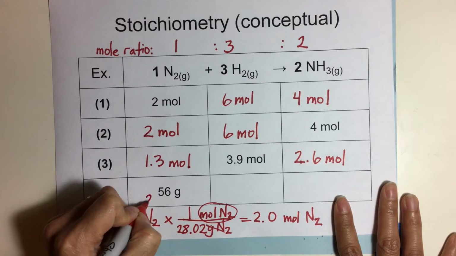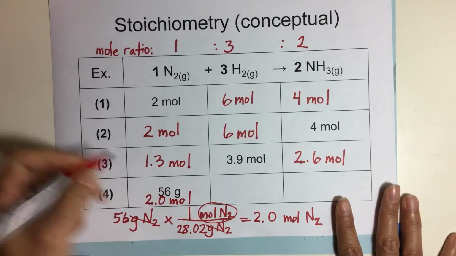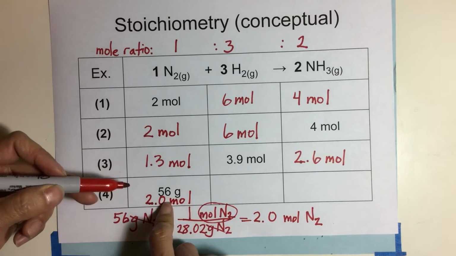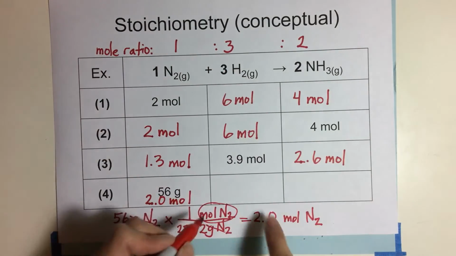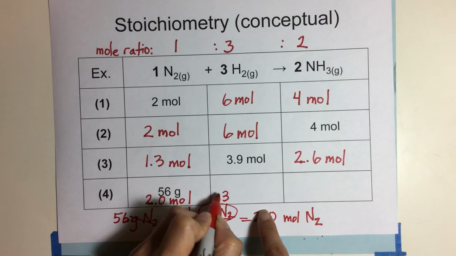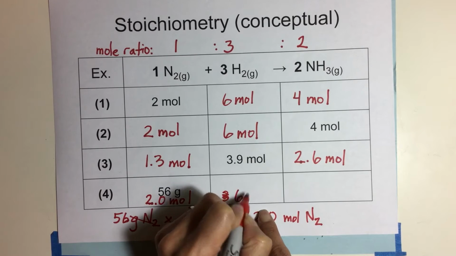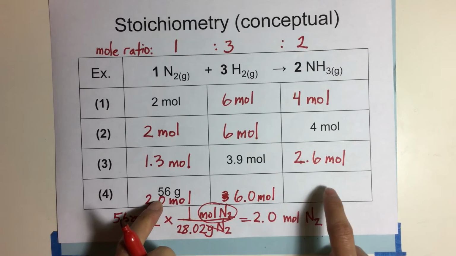I like to write it into this equation or into the box so I can see, again, the mole ratio relationship. If I have 2 moles here, I know that I'm going to have 3 times that amount, 1-to-3, so it's going to be 6.0 moles. And then here you have twice.